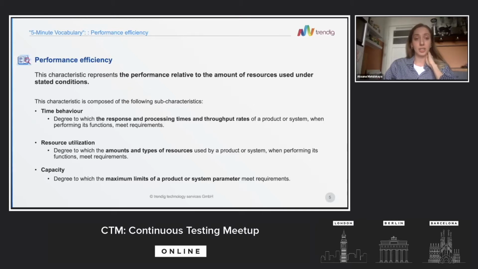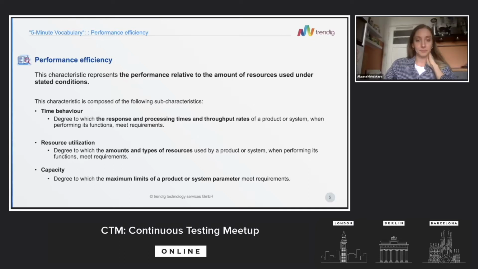The next characteristic is resource utilization. It is the degree to which the amount and types of resources used by a product or system meet requirements. And the last sub-characteristic is capacity. It is the degree to which the maximum limits of a product or system parameter meet requirements.